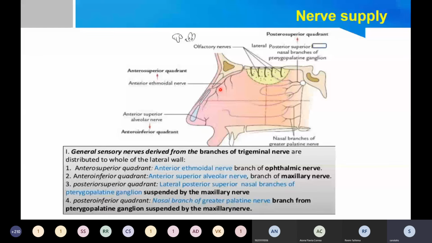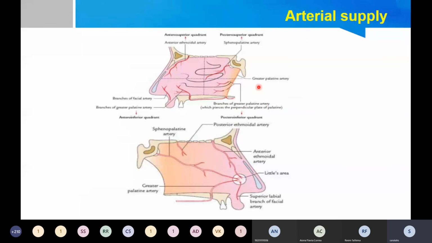Anteriorly, most of the times the artery and the nerve would be same. Antero-superior, it is anterior ethmoidal. Antero-inferior, the nerve is anterior superior alveolar nerve, and the arteries would usually be branches from greater palatine artery and the facial arteries. The special sensations I already mentioned, it is through the olfactory nerves.